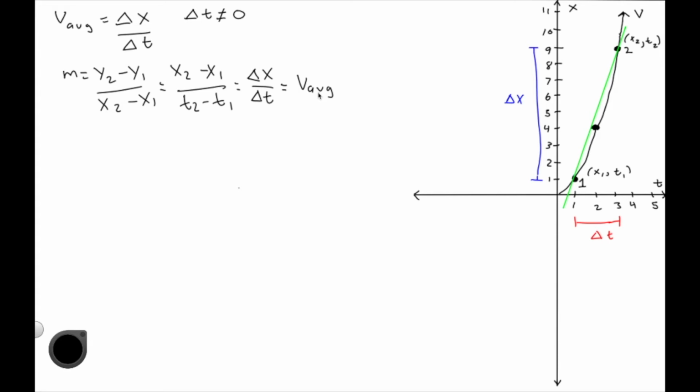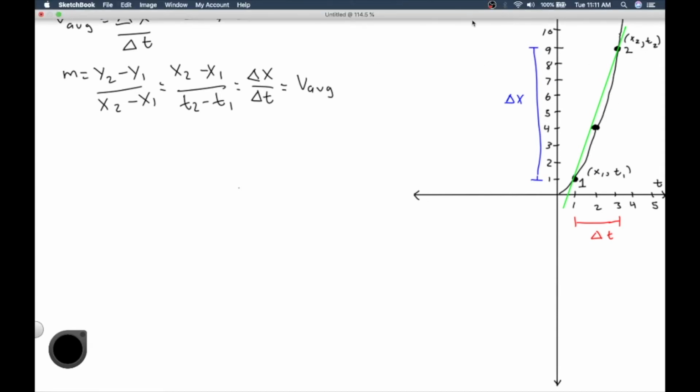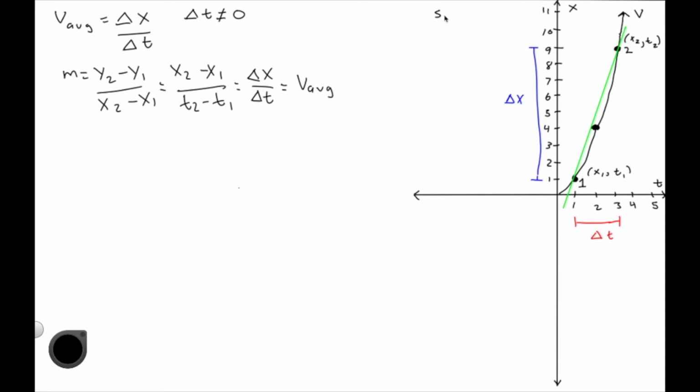And so the slope of this line right here, which we call the secant line, is going to be our average velocity, which in this case, average velocity is equal to x sub 2, which is going to be 9, minus x sub 1, which is going to be 1, divided by our delta t, which is going to be t sub 2 minus t sub 1, or in other words, 3 minus 1.